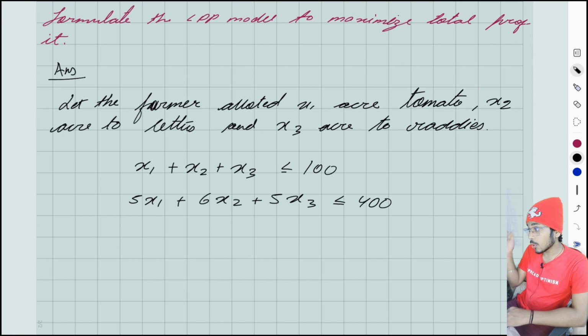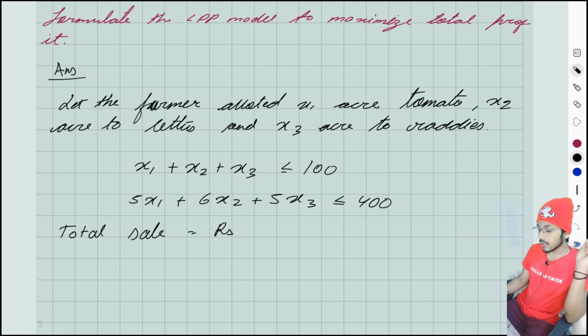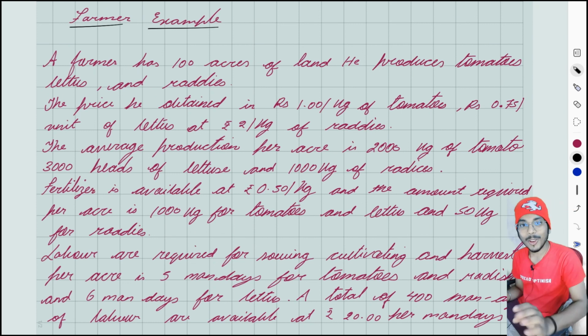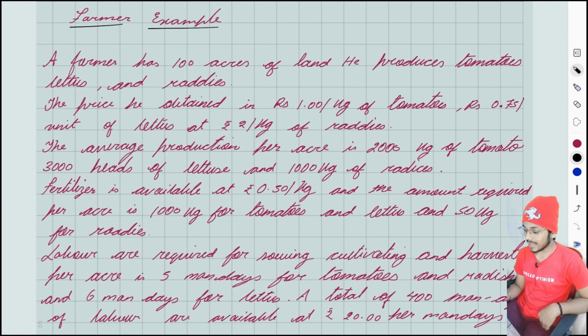And what is the total sale? Total sale is equal to rupees. I need to tell you something right now: the rupees 1 per kg of tomato, rupees 0.75 per unit of lettuce and rupees 2 per kg of radishes are not the profits. These are the selling prices.